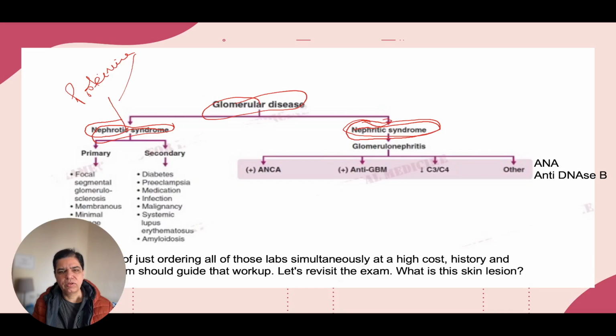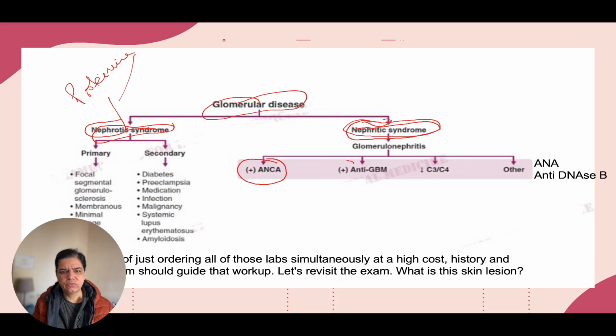Glomerulonephritis can be classified based on certain underlying pathologies, which can be detected by certain tests. For example, some forms of glomerulonephritis may be associated with positive anti-neutrophilic cytoplasmic antibodies.